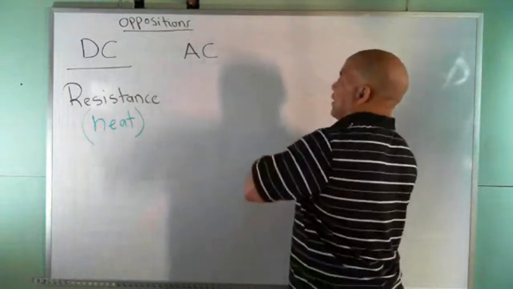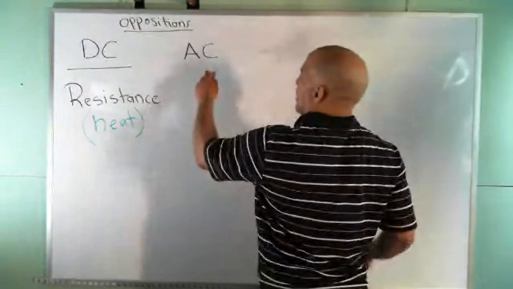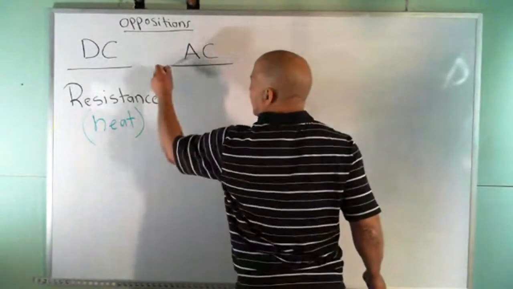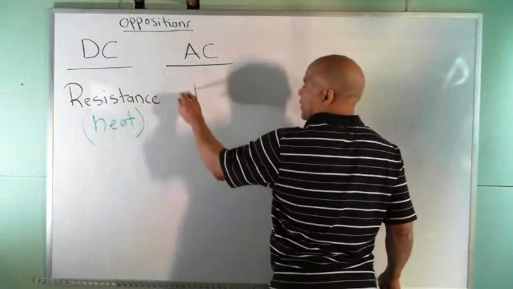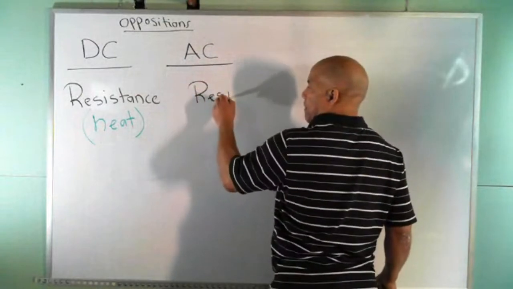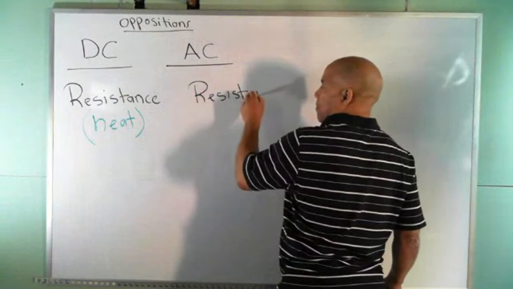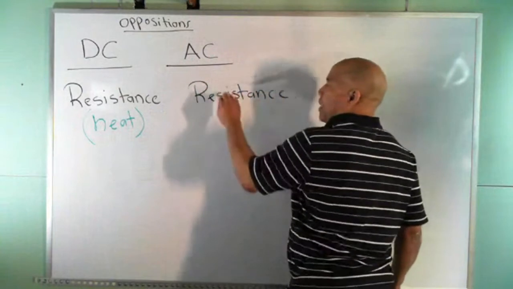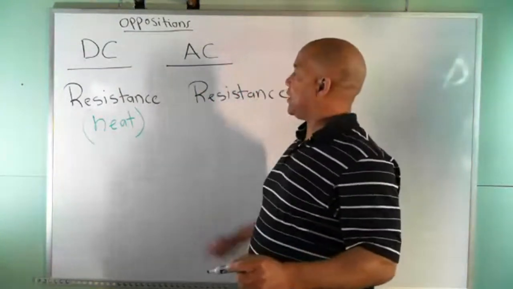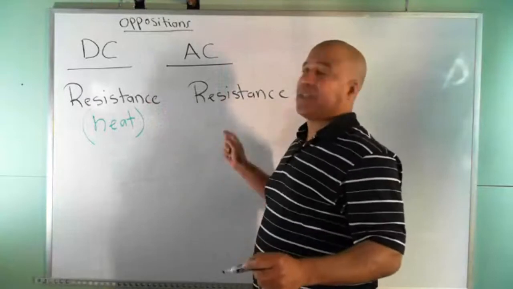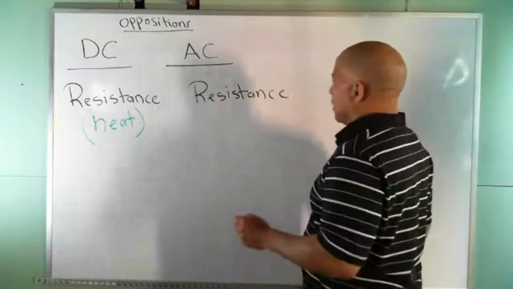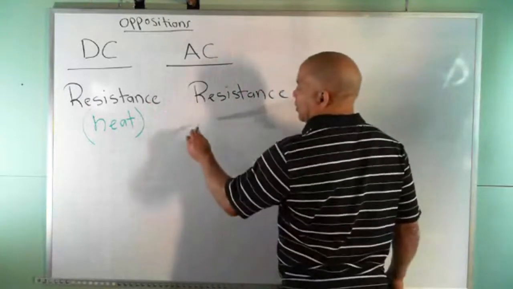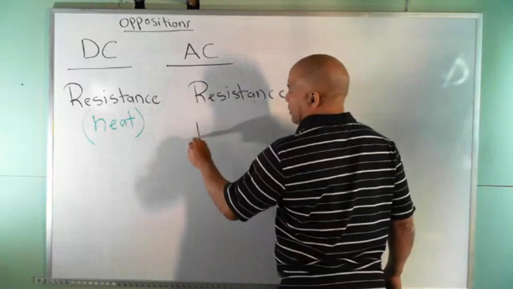Well, in AC, it turns out that there are several types of opposition. There's resistance. So that billiard ball effect that I talked about can exist in both DC circuits or in AC circuits. But in AC, there's also something called reactance.